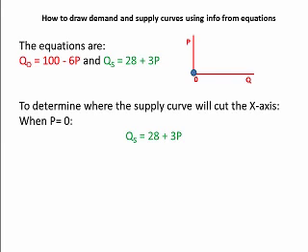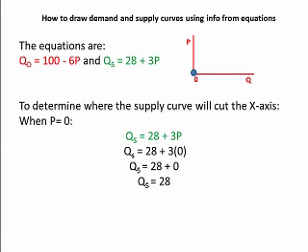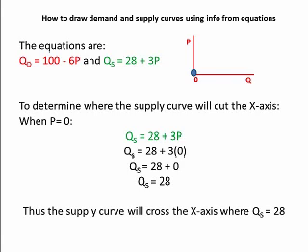Now we replace the P with 0. Thus quantity supplied is equal to 28 plus 3 times 0. Quantity supplied is therefore equal to 28 plus 0. Quantity supplied is equal to 28 when prices are 0. Thus the supply curve will cross the x-axis where quantity supplied is equal to 28.